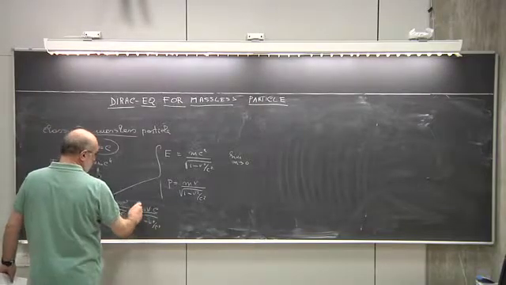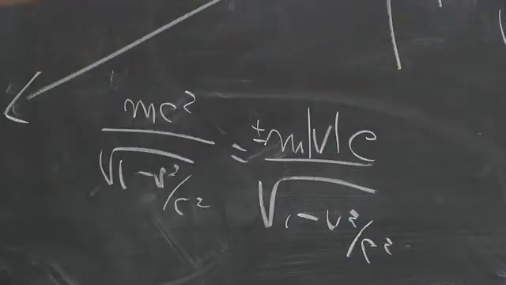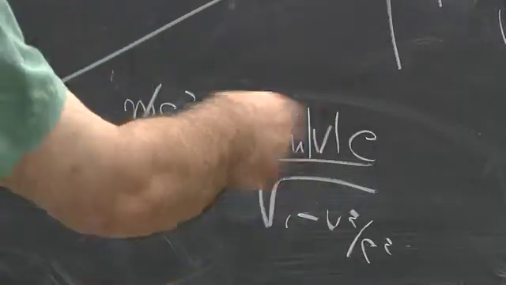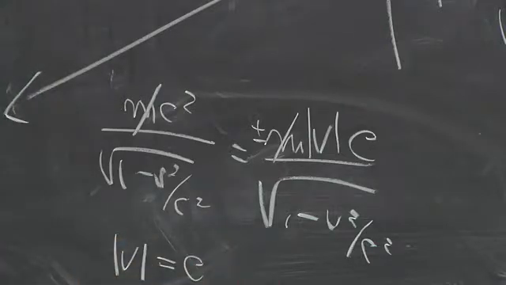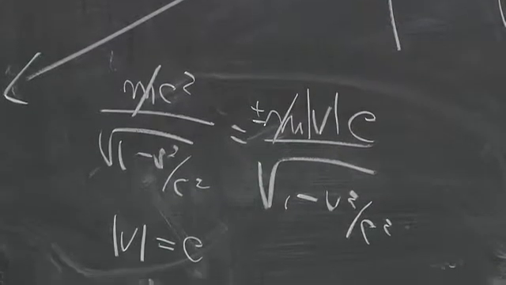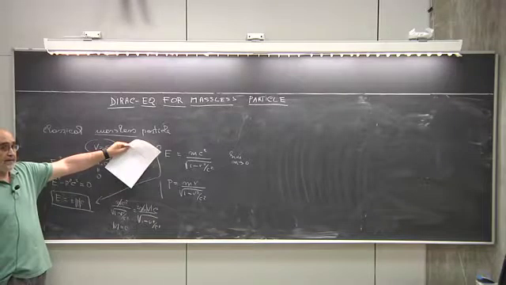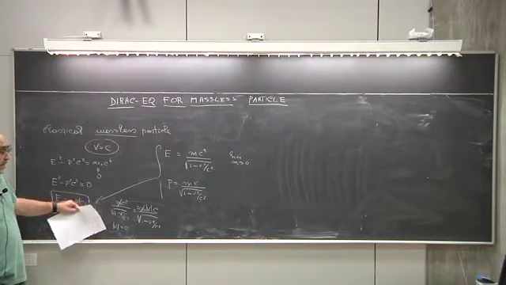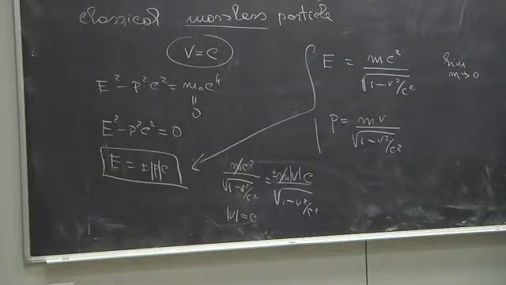So I have c, I have plus or minus, and I have the modulus of that. Basically I have inserted those two relations here. Then the mass cancels, and these two relations are equal only if v is equal to c. So from the mass-shell relation I get this relation between energy and momentum. The general expression of the energy and the expression of the momentum are these. If I equate them, I get that the velocity is equal to the velocity of light. So massless particles travel at the velocity of light.